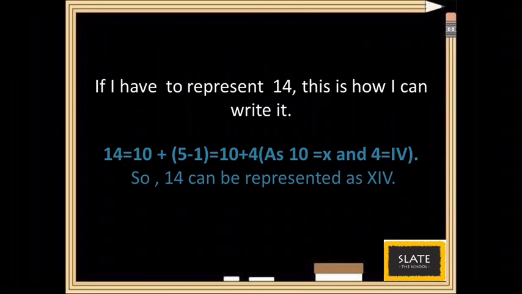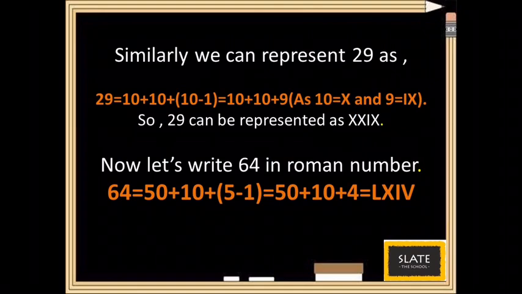So 14 can be represented as XIV. Similarly, we can represent 29 as 29 is equal to 10 plus 10 plus (10 minus 1) in the bracket, and is equal to 10 plus 10 plus 9, as 10 is equal to X and 9 is equal to IX. So 29 can be represented as XXIX.